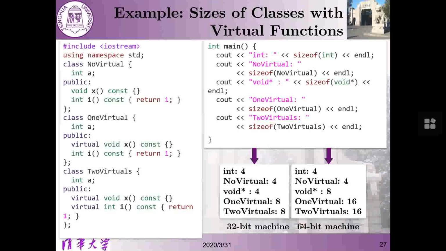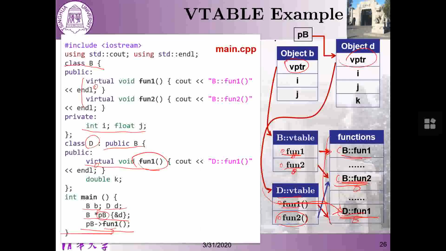And then here's an example. We can see here, if we want to test whether there's a virtual pointer. Oh, this is a very good question. If we want to access the virtual pointer, I think there should be some way to crack it, because we know that the virtual pointer is stored at the beginning of this object, right?